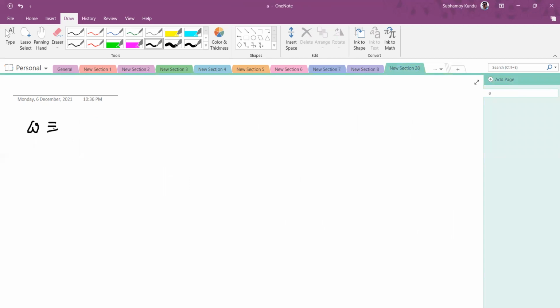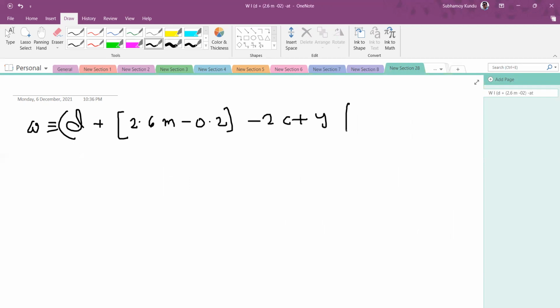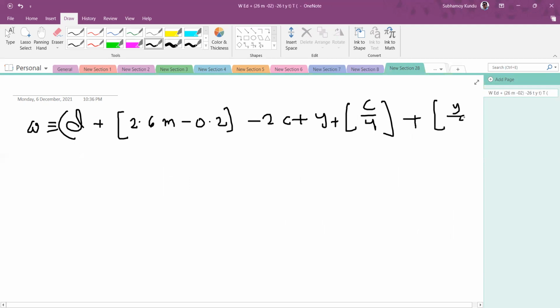The weekday of that corresponding date will be nothing but d plus 2.6m minus 0.2 minus 2c plus y plus c by 4 plus y by 4 mod 7.